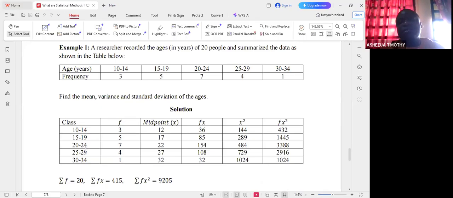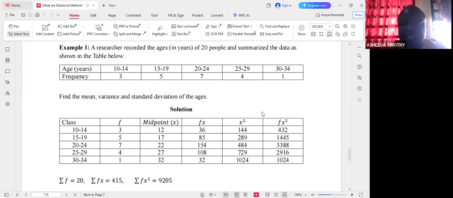I'm calling it class because it ranges between 10 to 14, 15 to 19, 20 to 24, 25 to 29, and 30 to 34.